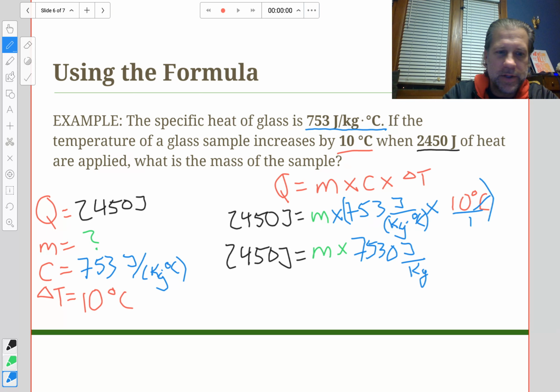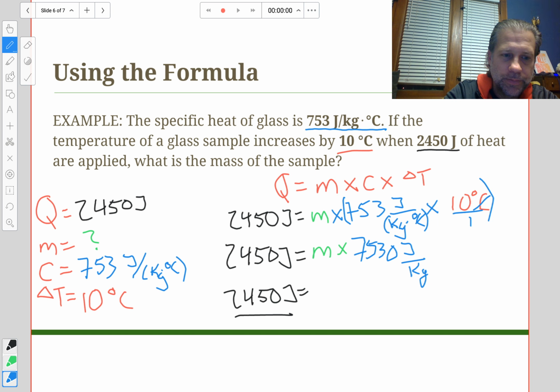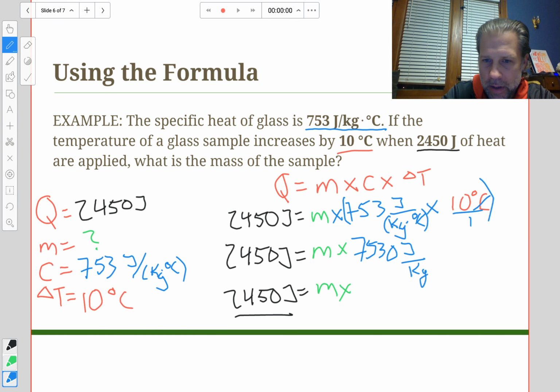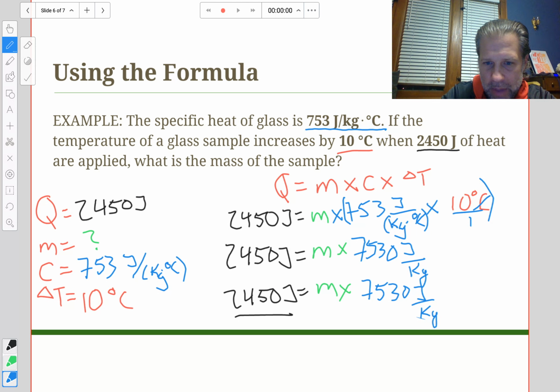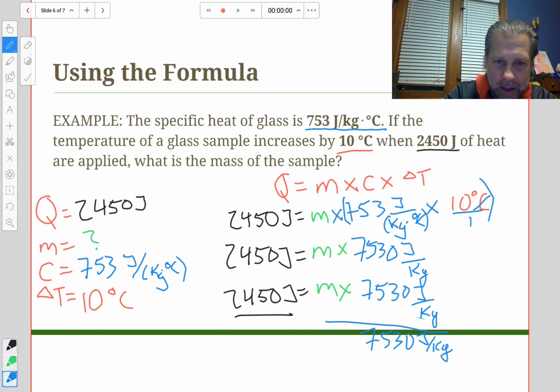In order for me to solve for the mass, I'm going to have to divide both sides by 7,530. So 2,450 joules will equal mass times 7,530 joules over kilogram. And I'm going to divide both sides by 7,530 joules over kilogram.